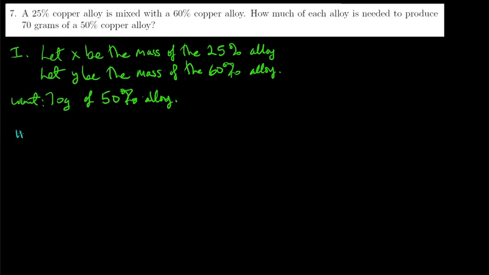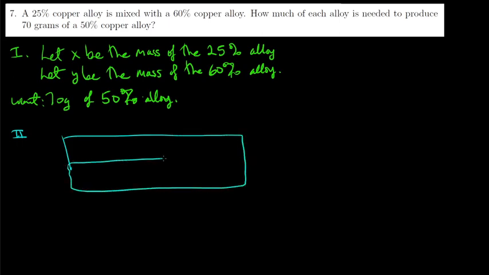Well, let's make a table. Right, so the first row is going to be what? Well, what do we have? We have alloys. Those are mixtures, right? And what's in the mixture is copper, and other metals too, of course.